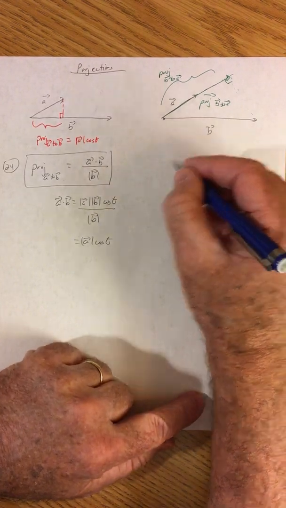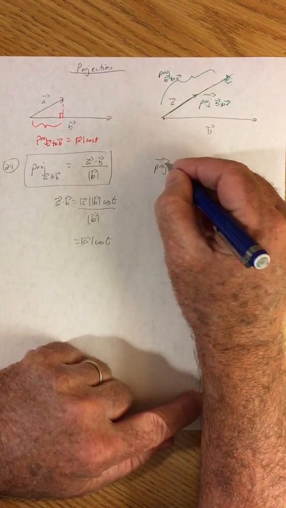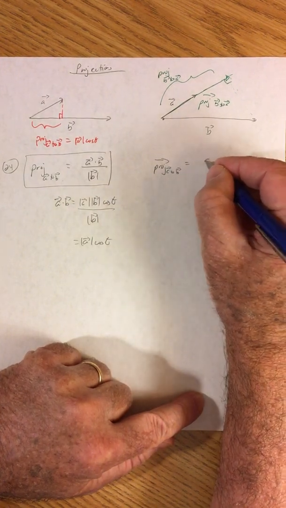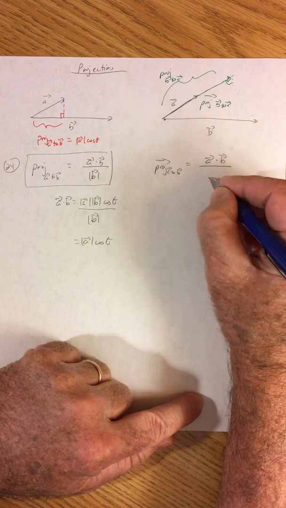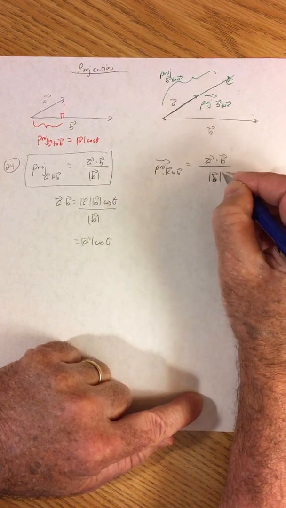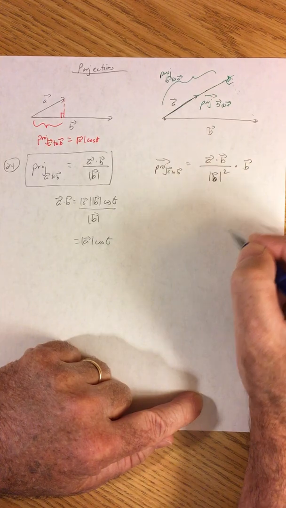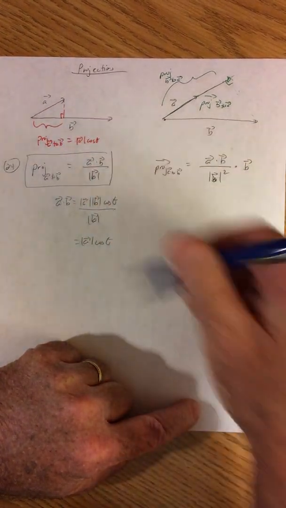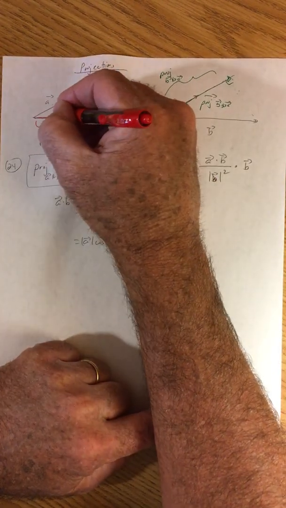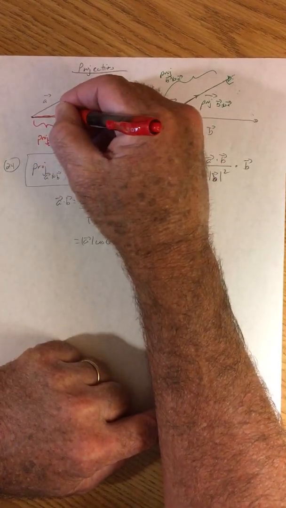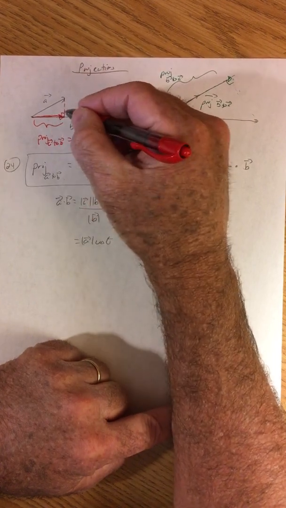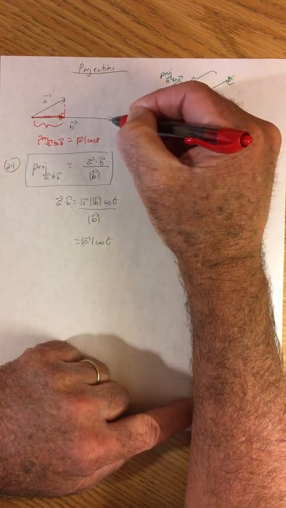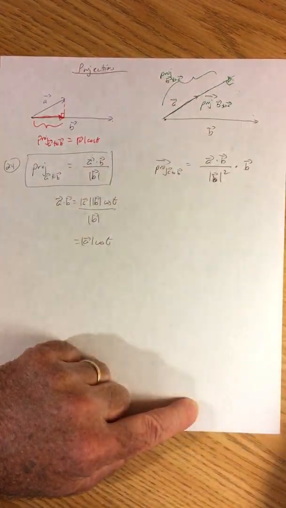Now, the second part is the vector projection of A to B, which they say is A dot B over the magnitude of B squared times vector B. That's because this would be the vector projection of A onto B, a vector pointing in the direction of B but with this length.